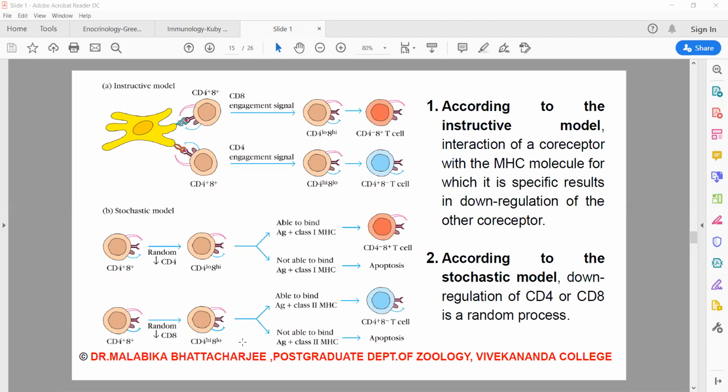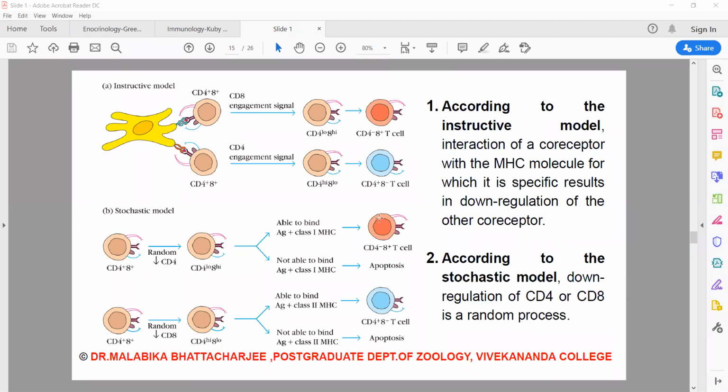Once the CD8 expression is down-regulated, CD4 is high, CD8 is low. So CD8 is no more functional. CD4 being high is able to bind with MHC class 2. So it is becoming a CD4 positive cell. On the other hand, just the vice versa. CD4 expression is lowered, a random CD4 lowering of expression.